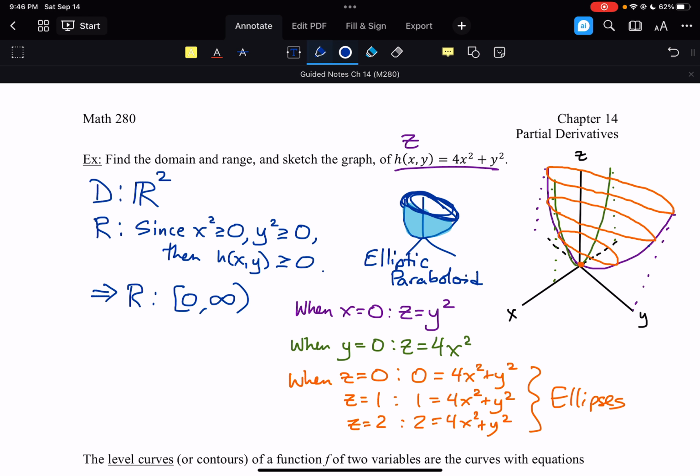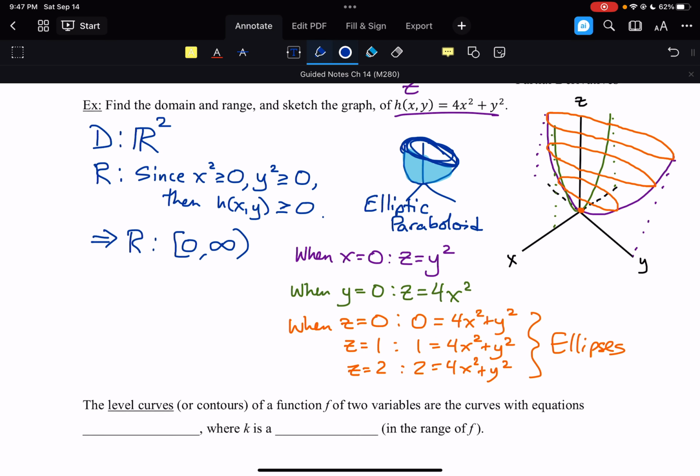So hopefully that shape is relatively clear over there on the side. This is how we can sketch some surfaces that we don't quite understand just by looking at them, and we don't necessarily want to plot point after point after point. Sketching them like this can give us a little more clarity.